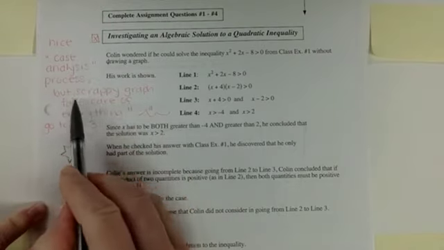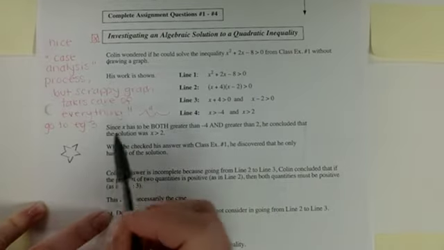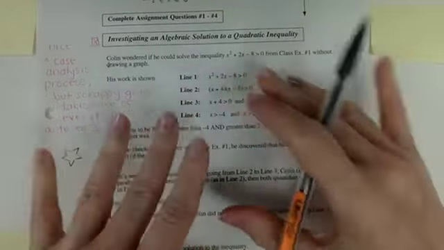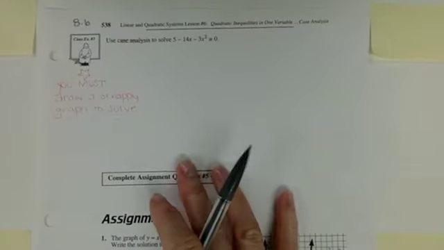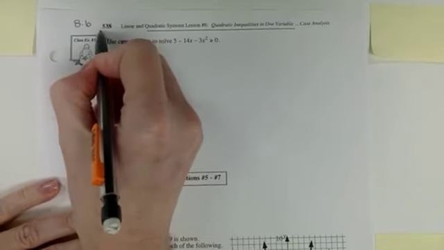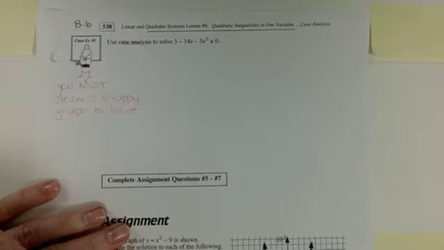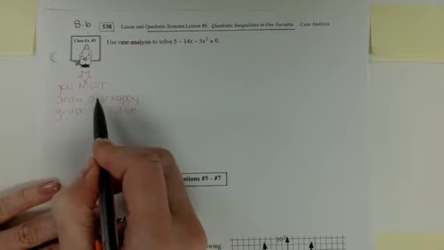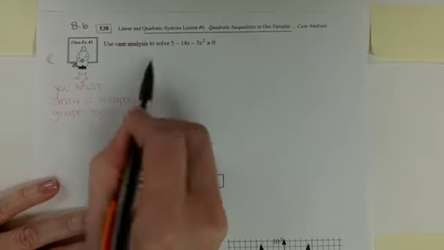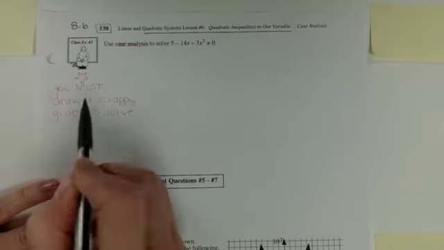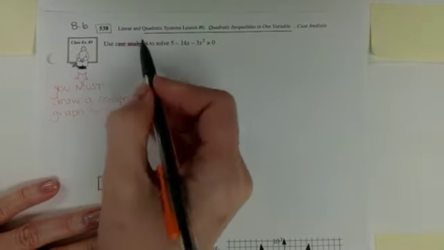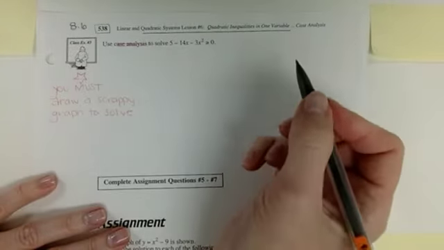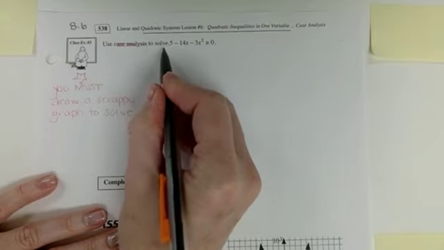Case analysis is nice, but the scrappy graph takes care of everything instead of all of this and all of the next page. So go to page 538, and we are ready to do example 3. When we solve these, you have to do a scrappy graph to solve, otherwise you have to use case analysis. I don't like using case analysis because it's too long, so let's solve.